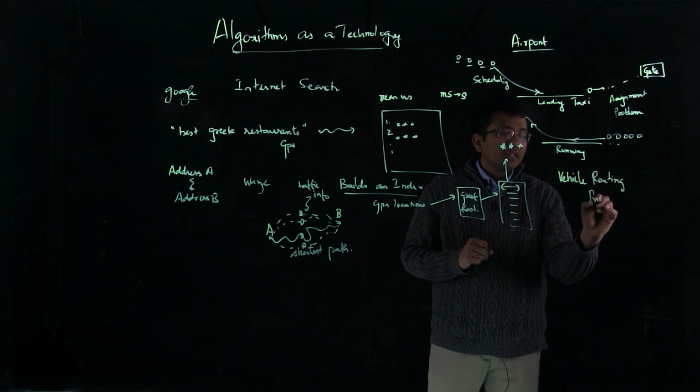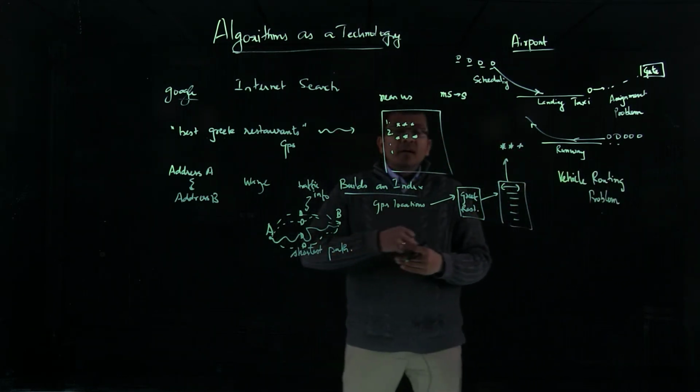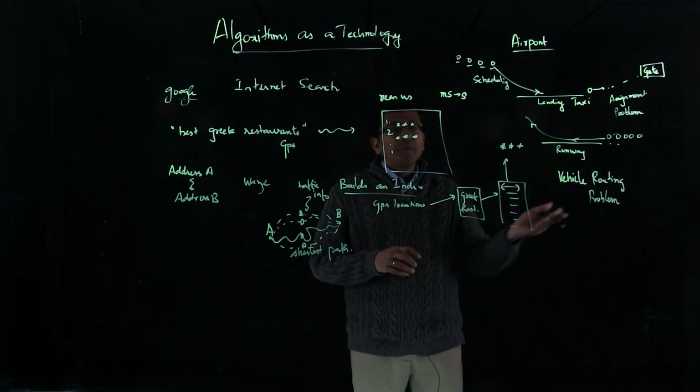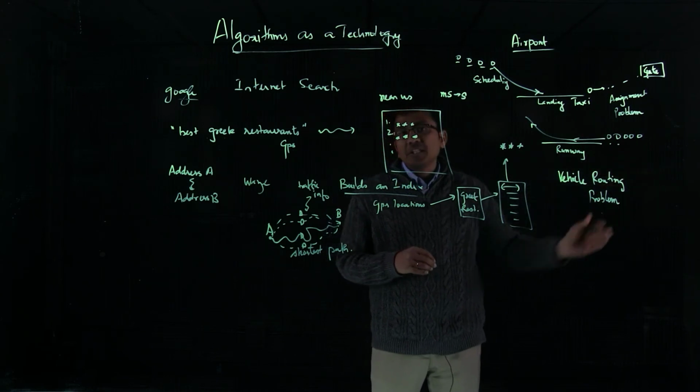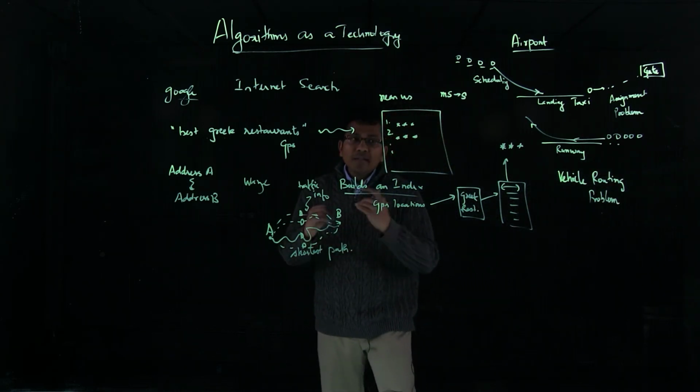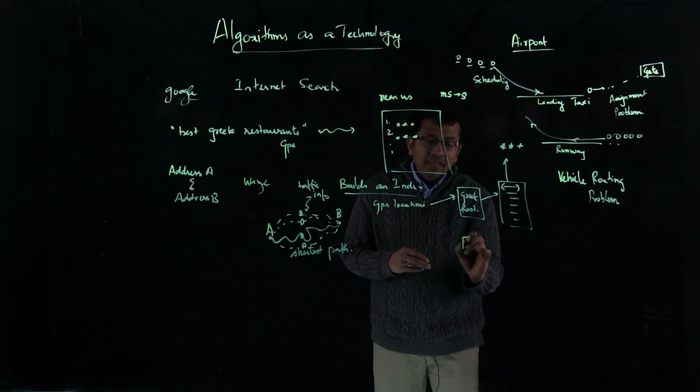Okay, so there's a ton of logistic problems that happen every time you go to an airport and you would like to go from destination A to destination B. Another example of where algorithms come in would be, for example, suppose you send a package through FedEx.